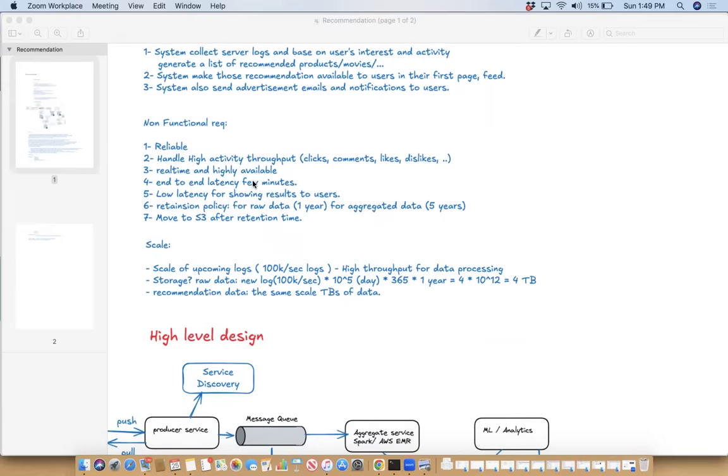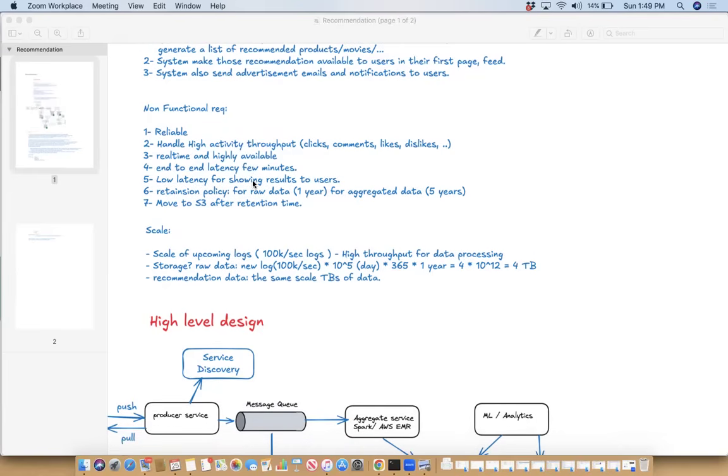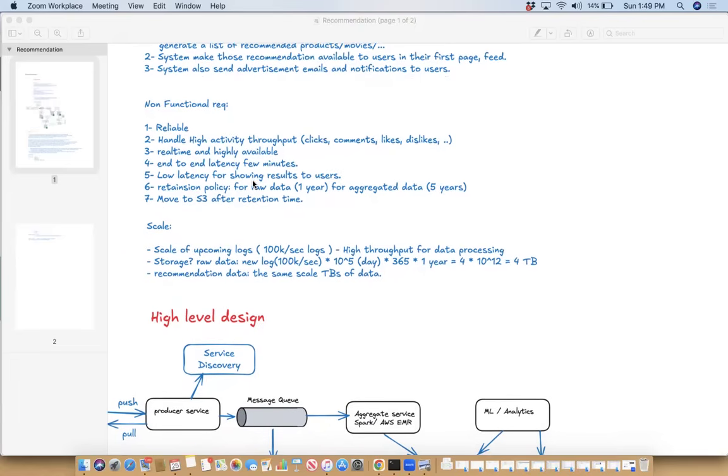System should be reliable. System should handle high activity throughput. By activity, it means clicks, comments, likes, dislikes, etc. The number of these activities is high, so it must handle high activity throughput, real time, and be highly scalable. This needs to be real time.